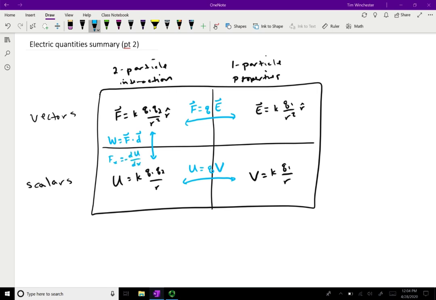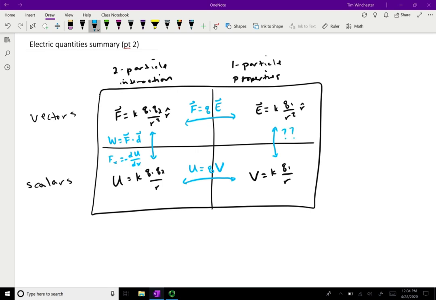And that needs to be negative in order to make the direction correct. But we can actually take a potential energy as a function of position and then use it to calculate a force.